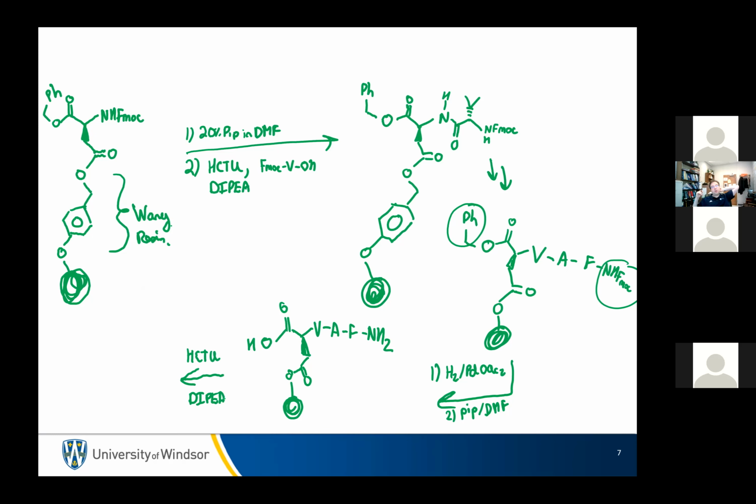So it doesn't matter. So this is kind of like that concentration thing, except in concentration we're avoiding molecules bumping into each other by making it very unlikely for them to bump into each other because there's so few of them. Here we're making it literally impossible because the molecules do not have freedom to move. They can't leave the bead and wander off and interact with other beads and other peptides and other things. So the only thing the peptide can do is cyclize on itself when it's on the bead.